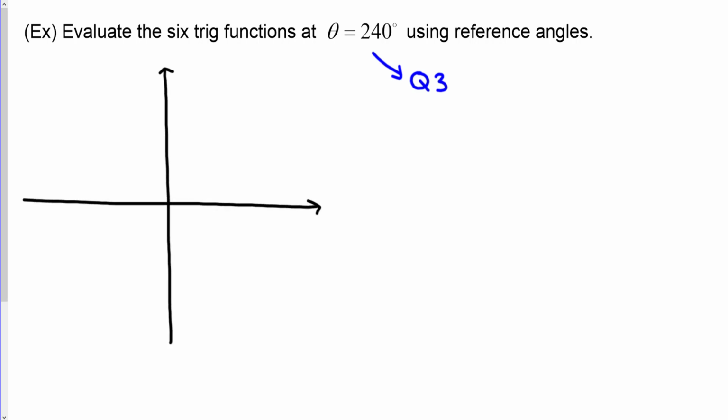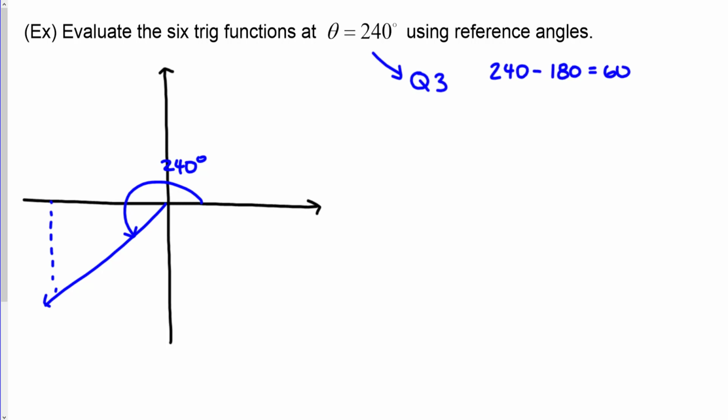I'm going to draw an angle measure in quadrant 3. So this is 240 degrees. So what we just learned is the reference angle in quadrant 3 is the angle measure minus 180. So if I do 240 minus 180, that gives me a reference angle of 60 degrees.